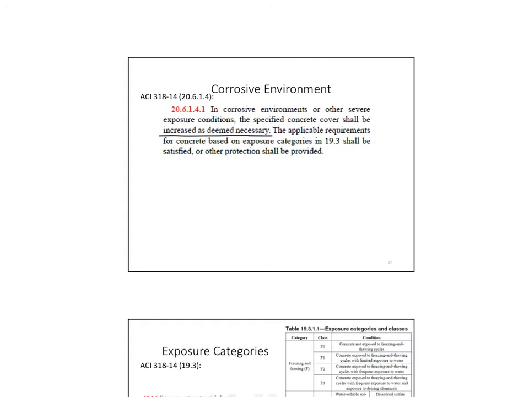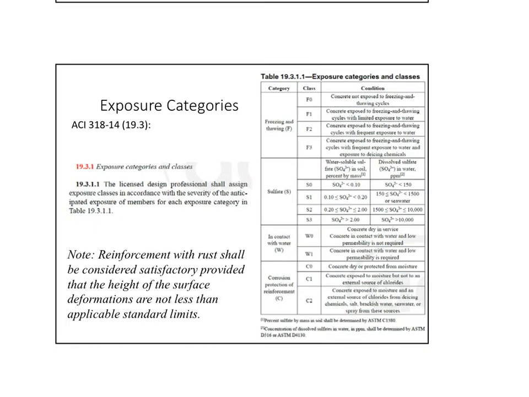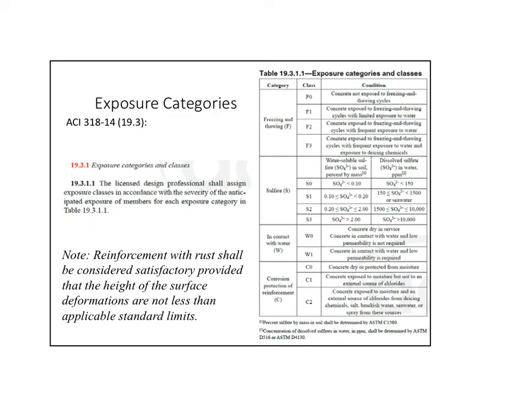And then they have those exposure categories in this table, Table 19.3. It tells you that depending on the exposure, we have different categories, and they call them several classes. As you go over these classes, you will find that you will have more severity in some classes than in others. And in this case, as an engineer, you will have different requirements for your concrete cover.